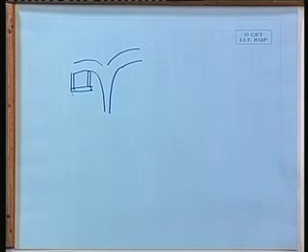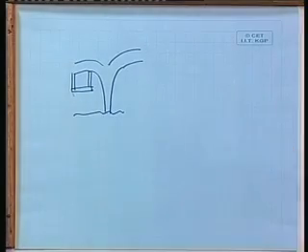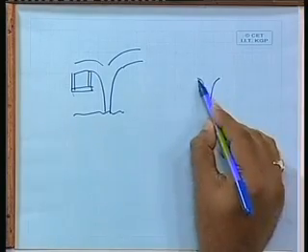So, what happens? The company made the swing. They made the swing, and everything was done very nicely, but it was a little bigger. So, what they did, they put it on the tree in this way.